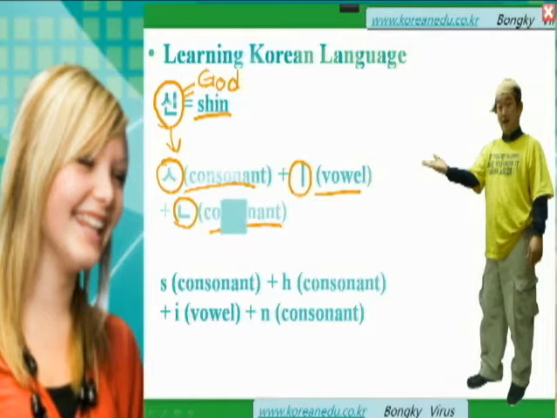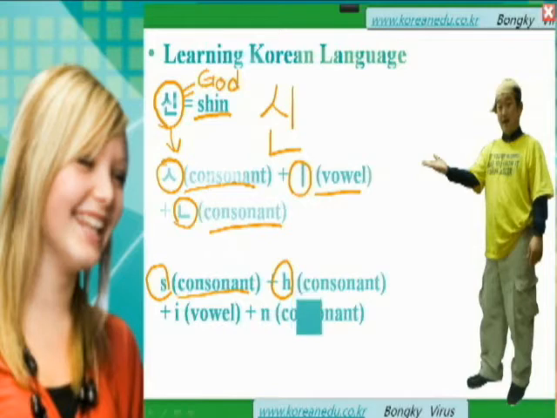These three alphabets compound together and it makes Shin. The meaning is God. Let's see the sound Shin in English. S, consonant, H, consonant, I, vowel, and N, consonant.